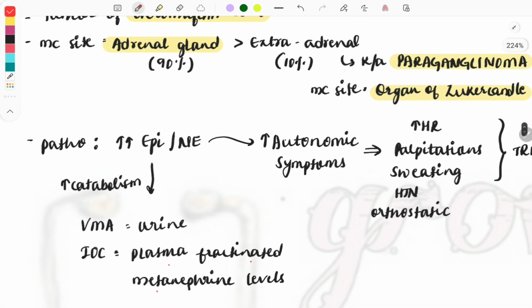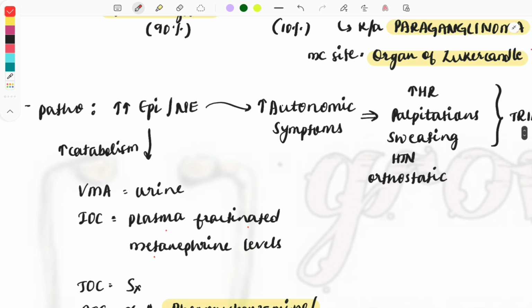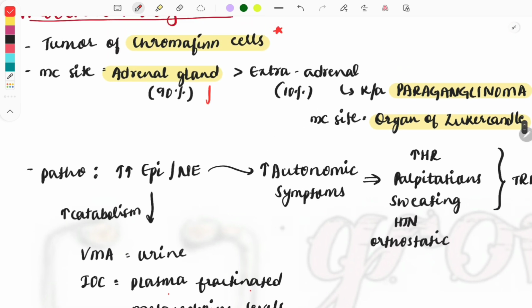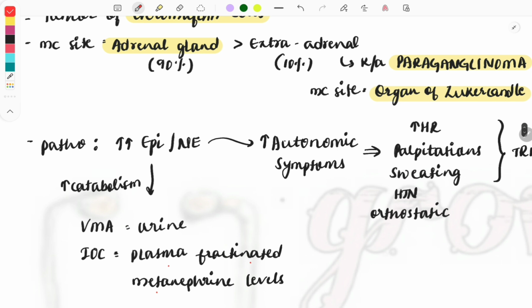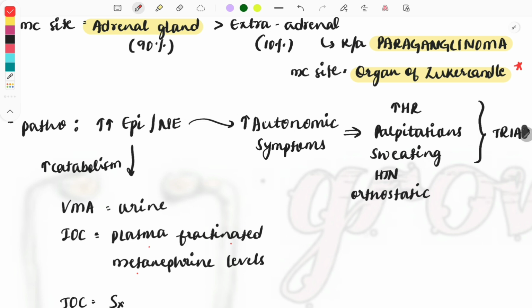Then let's look at the pathophysiology behind this pheochromocytoma. What happens is that the adrenal gland usually secretes the hormones epinephrine and norepinephrine, or adrenaline and noradrenaline. So these are the main two neurotransmitters released by the adrenal gland. Due to the tumor, there will be increased secretion of epinephrine and norepinephrine, and we all know that these are the sympathetic hormones, and they will increase the sympathetic activity, like causing tachycardia, increasing the heart rate, palpitations, sweating, bronchodilation, and all those things.